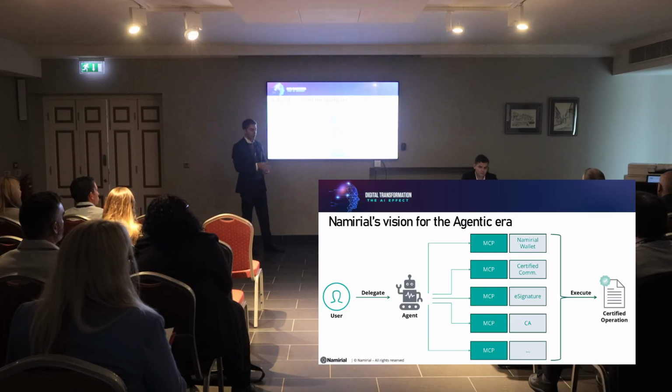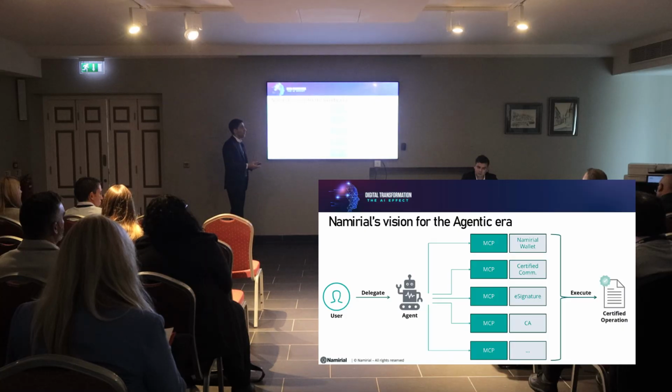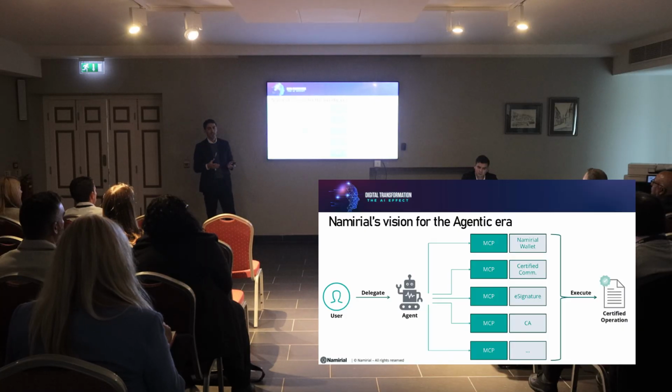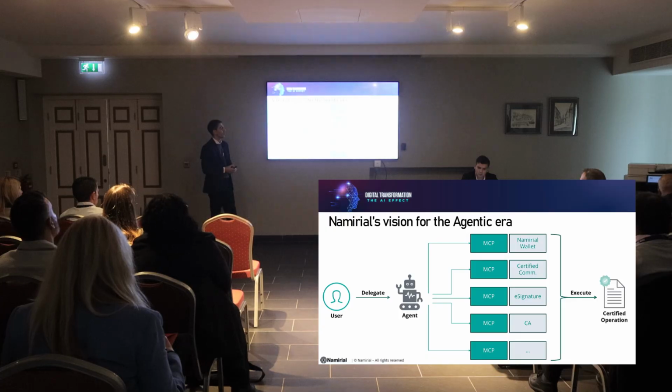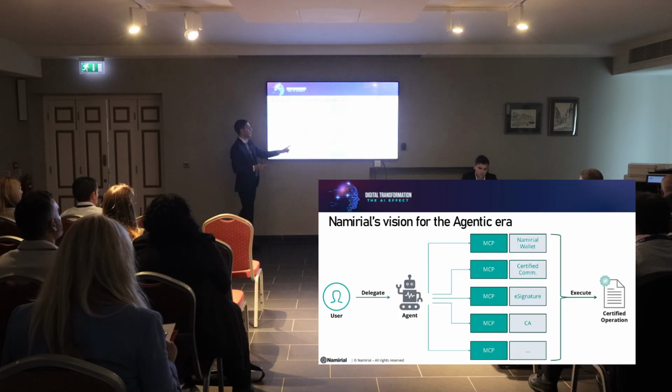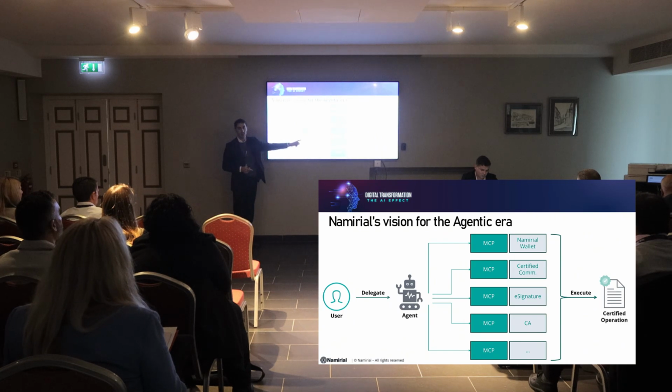Of course, when we have validated this idea, as we primarily deal with digital identity and digital trust, the most important problem of this new system, of this architecture, was about one simple question: how can I trust this? How can I trust this AI agent?